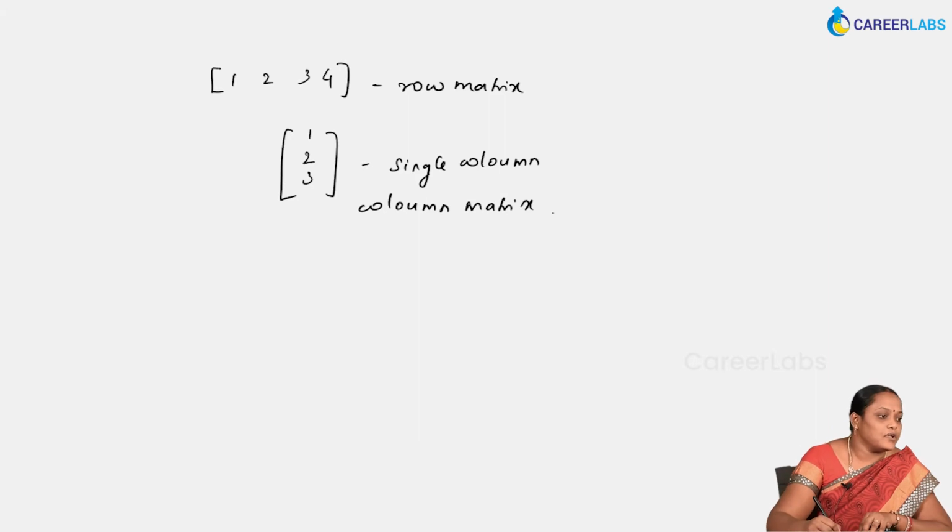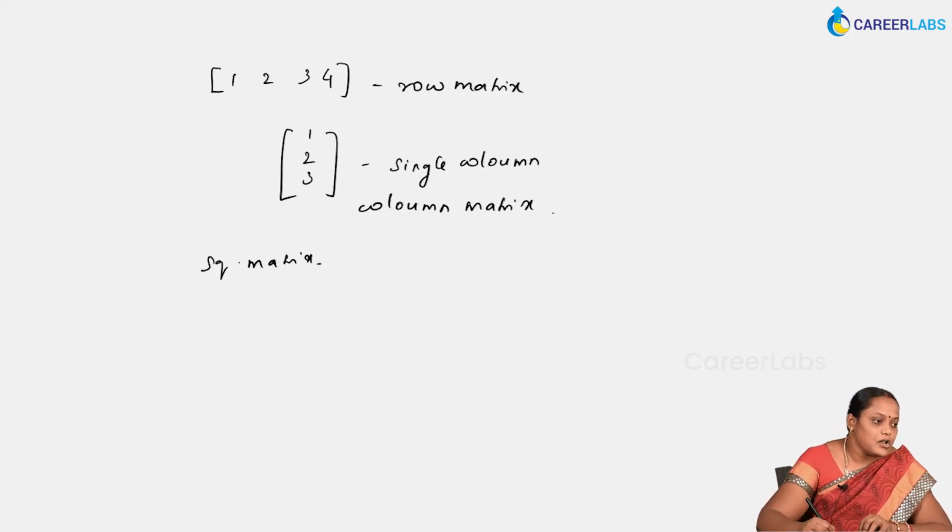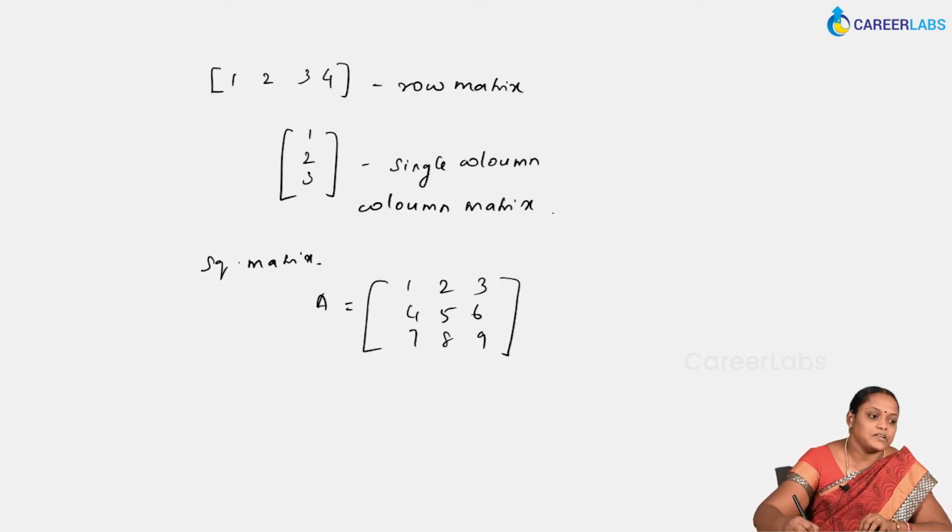Now we are going to define a square matrix. What do you mean by a square matrix? A matrix with an equal number of rows and columns is known as a square matrix. For example, if A is equal to 1, 2, 3, 4, 5, 6, 7, 8, 9, that's a 3 cross 3 matrix, so 3 rows and 3 columns.